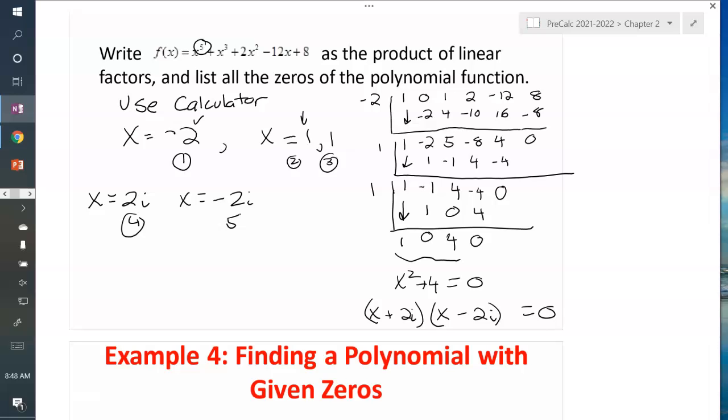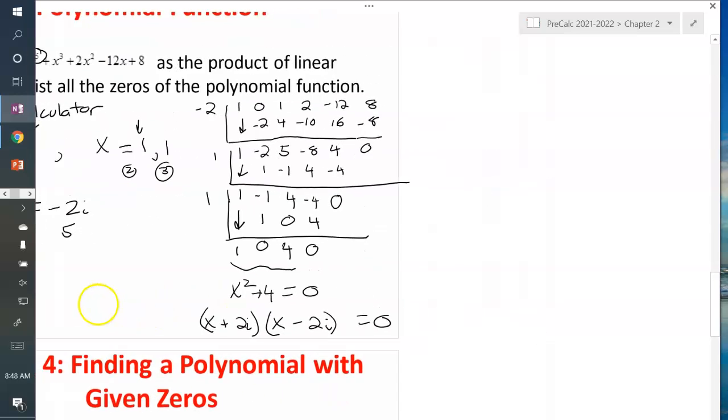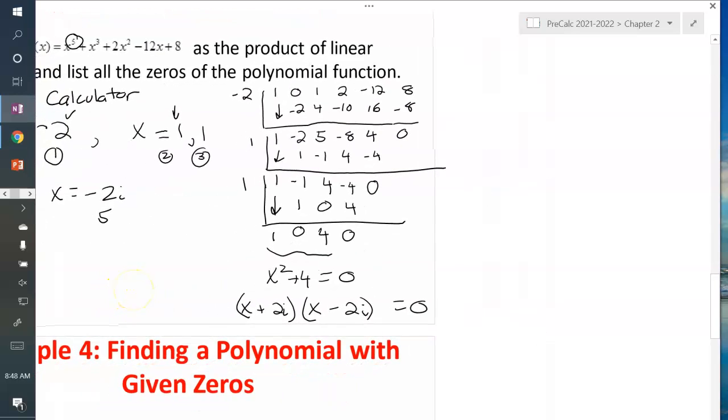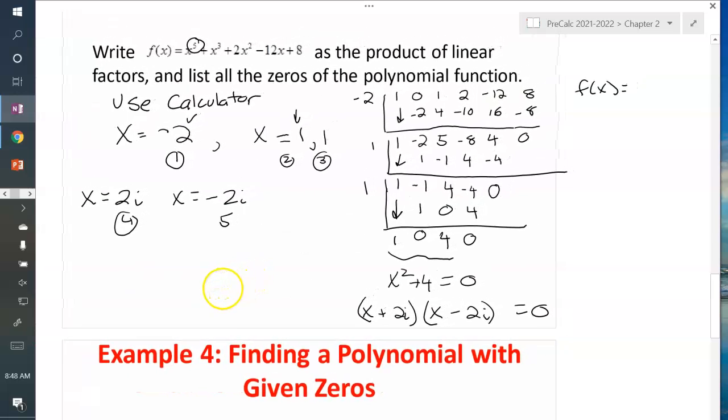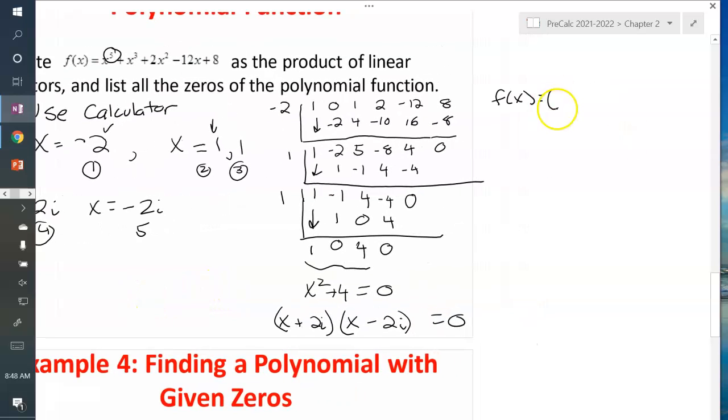And then it says here to write it as the product of linear factors. So let's go ahead and finish up what it wants us to do. So f of x equals the product of my linear factors. I had a 0 at -2, so that's going to be x plus 2. I had 2 zeros at 1, so x minus 1 times x minus 1.